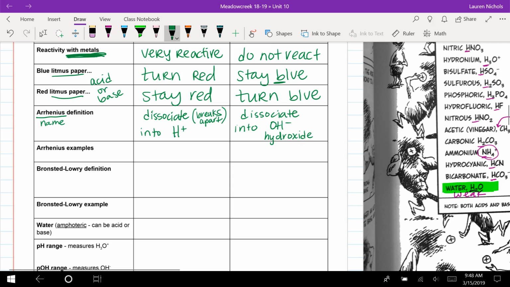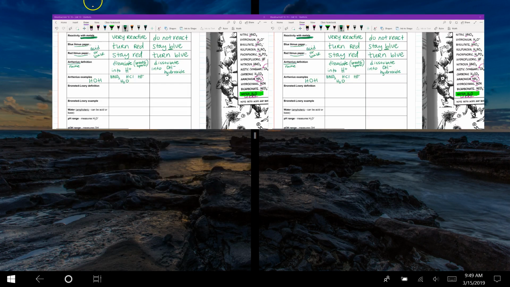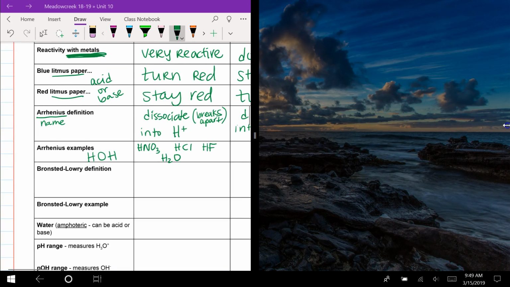Some examples of Arrhenius acids are nitric acid, hydrochloric acid, hydrofluoric acid, and water. A key thing about water is that it can be rewritten as HOH.